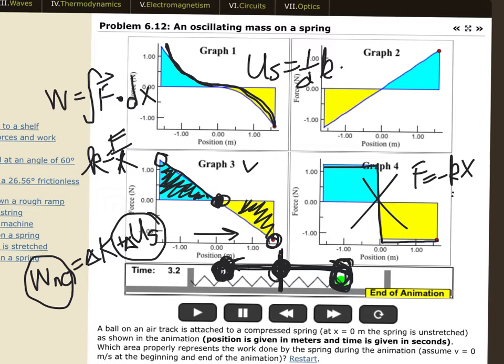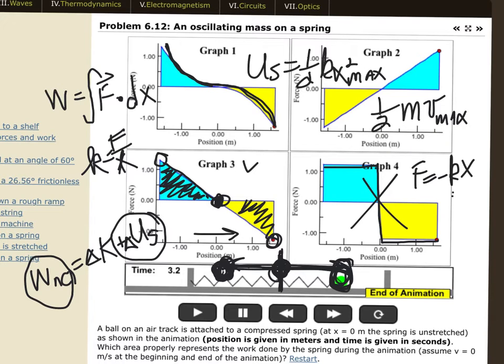And since we know k, we can get the spring potential energy, 1/2 kx squared, at the maximum. And since the energy at either end is all spring and no kinetic, and in the middle it's all kinetic, if we say U spring max equals 1/2 kx squared max, that's the maximum, either positive or negative, that's going to be equal to 1/2 m Vmax squared.